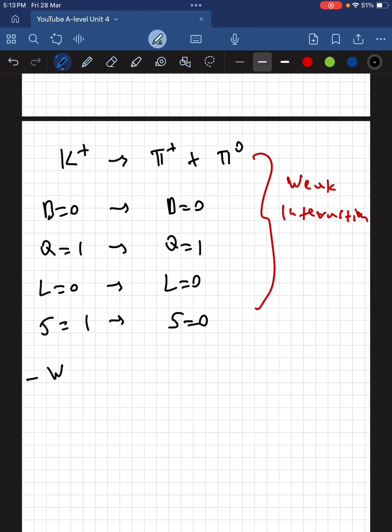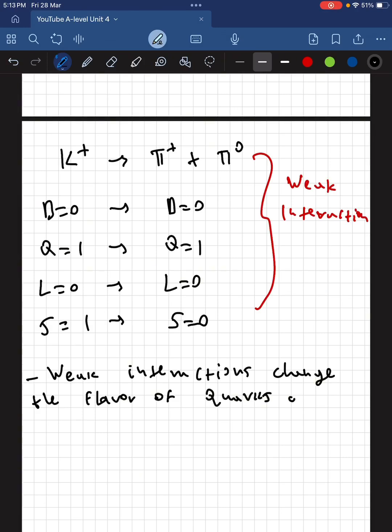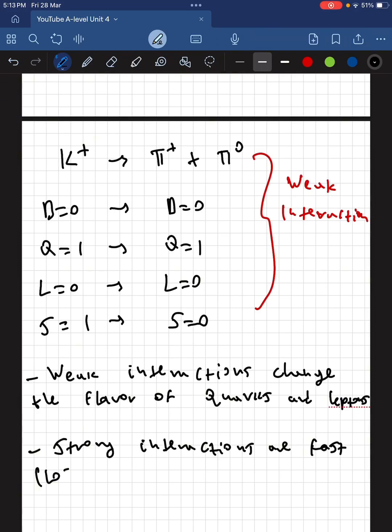Again, I'm going to write it down as a rule: weak interactions change the flavor of quarks and leptons. Finally, strong interactions are fast, so they happen really fast in about 10 to the negative 23 seconds.